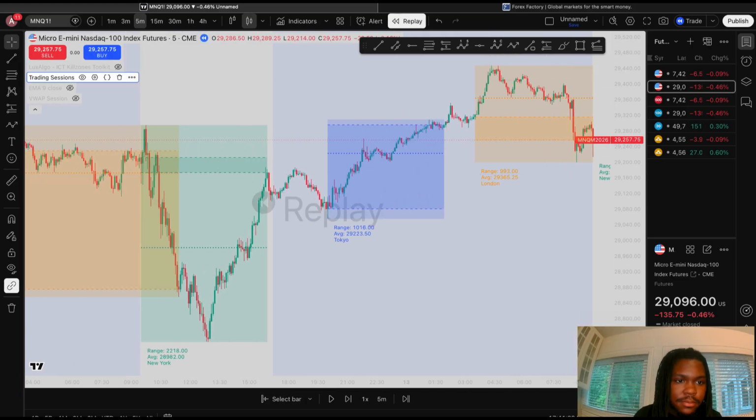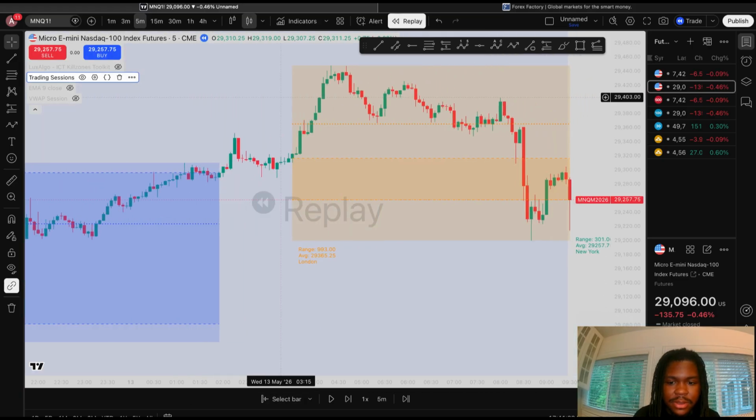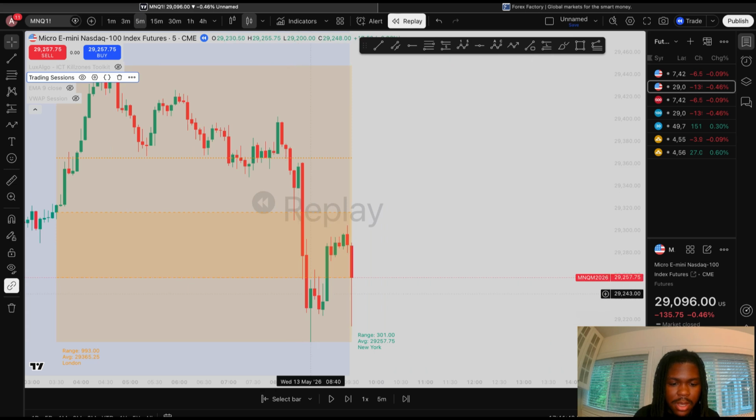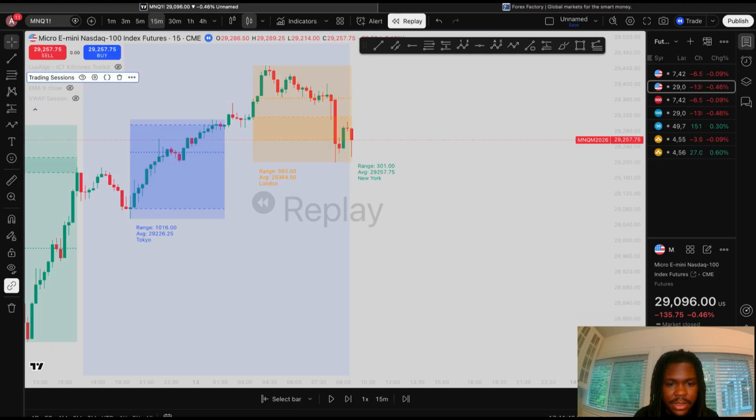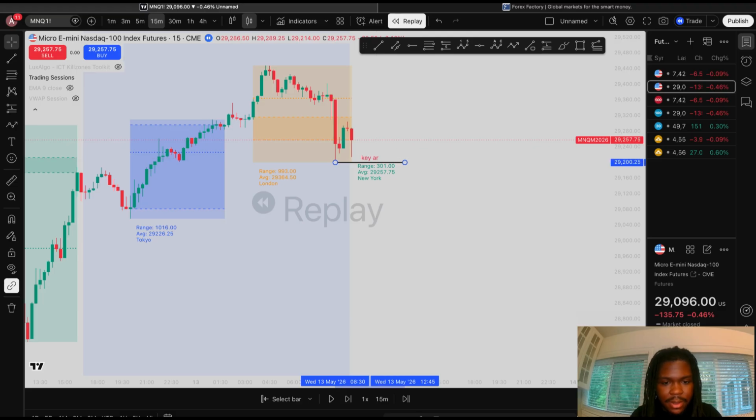Let's see if we can get a better look in the 15-minute time frame. Okay, so as you can see, this 8:30 candle, the bottom of this candle and the top of this candle is a key area of liquidity.